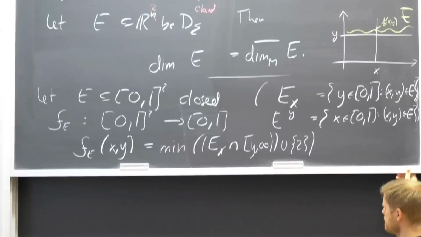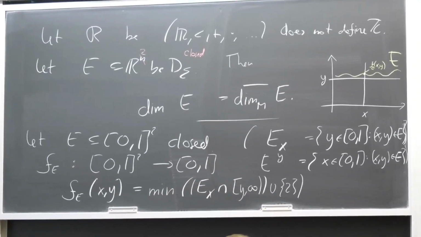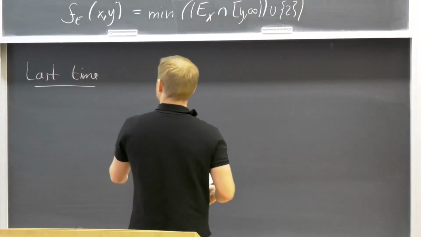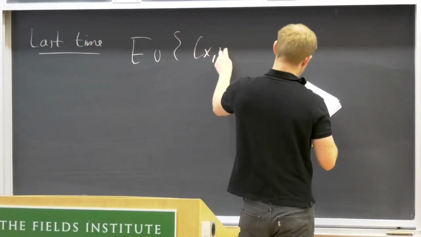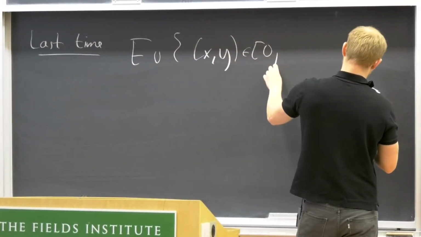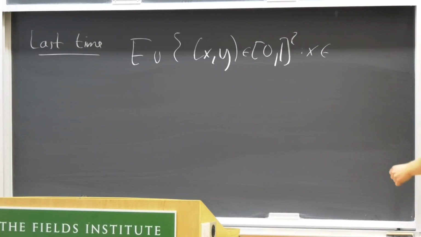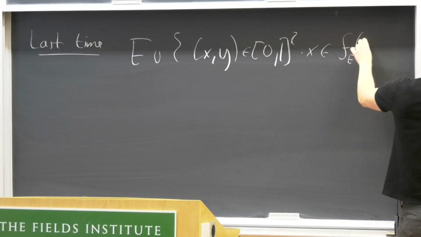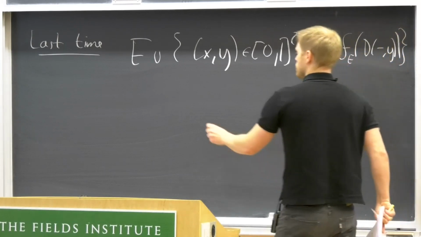So last time, let me just write it out. This is the union of E with all these points of discontinuity, which is D sigma.